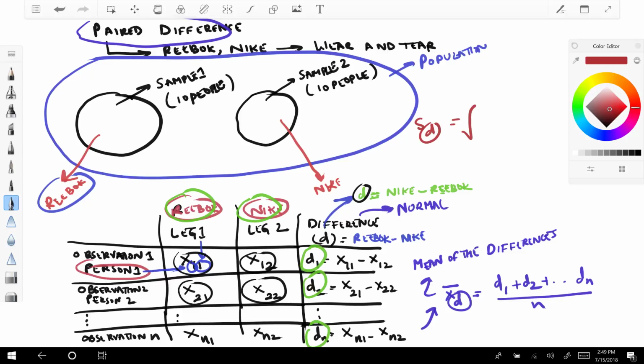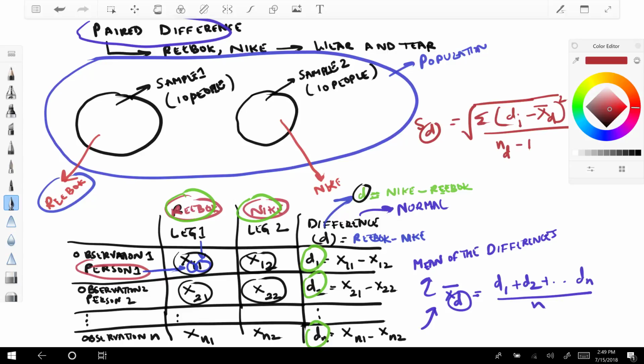It is equal to the square root of the summation of (di minus xd bar) whole square, divided by nd minus 1.